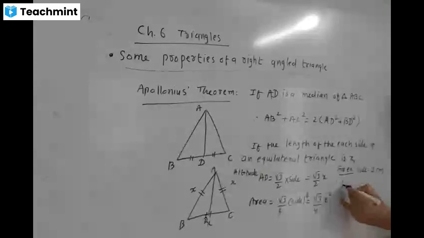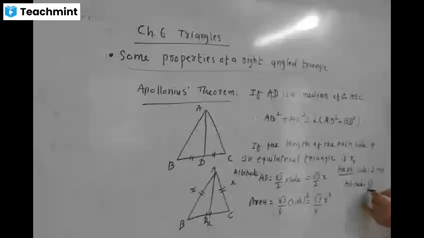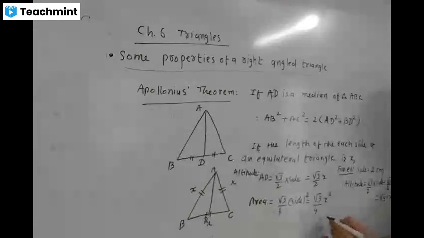Therefore, altitude is equal to root 3 by 2 into side, and side is equal to 2. Root 3 into 2 by 2, that is equal to root 3 centimeter. Altitude is equal to root 3 centimeter, and area is equal to root 3 by 4 into side square, means 2 square.